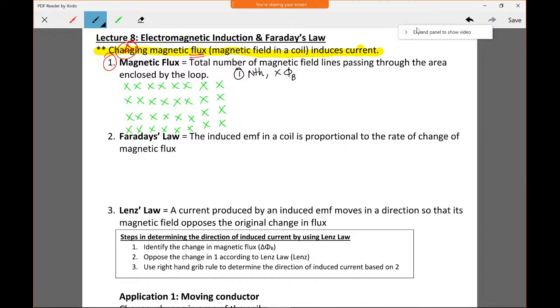So what if I place my coil inside here? When you place a coil here, then there is magnetic flux. This magnetic flux is equivalent to the magnetic field times the area of the coil times cos theta, whereby theta refers to the angle between the normal line to the coil and the magnetic field lines.